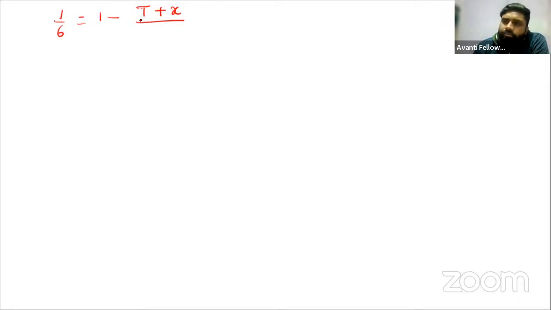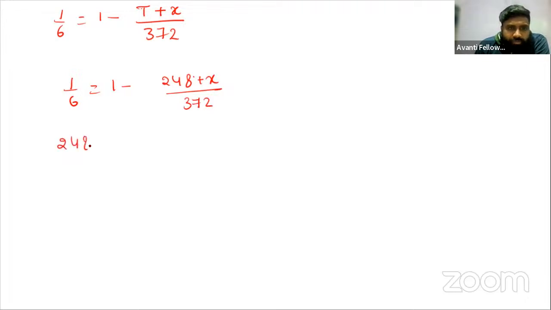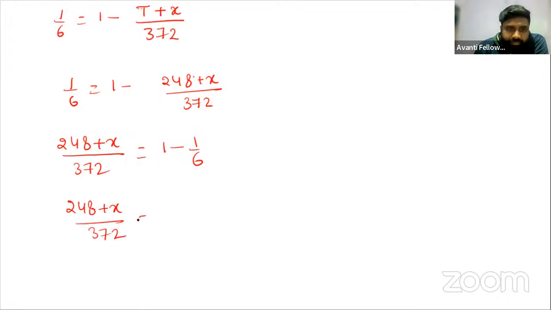The temperature of the hot reservoir is not changing, so it will remain as it is. So 1/6 equals 1 minus (248 plus X) divided by 372. Now (248 plus X)/372 equals 1 minus 1/6, which is 5/6.